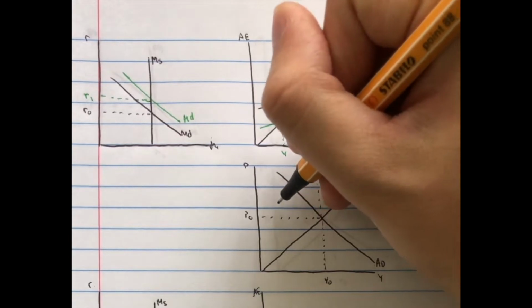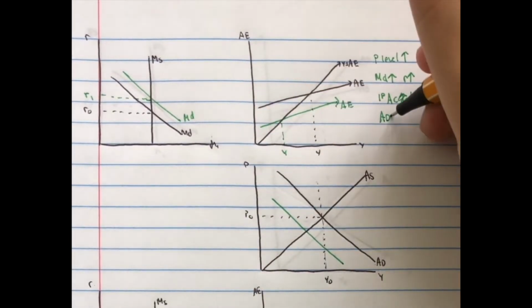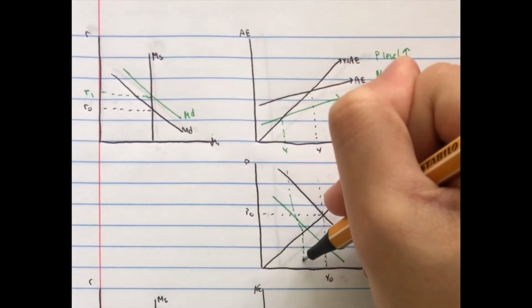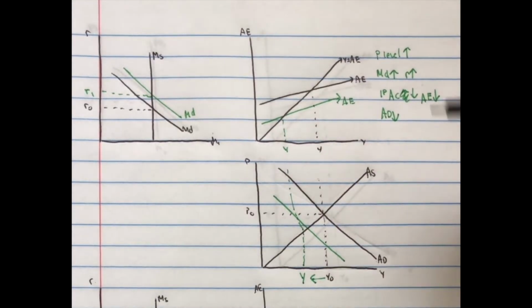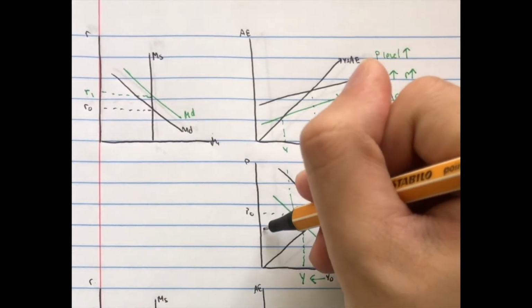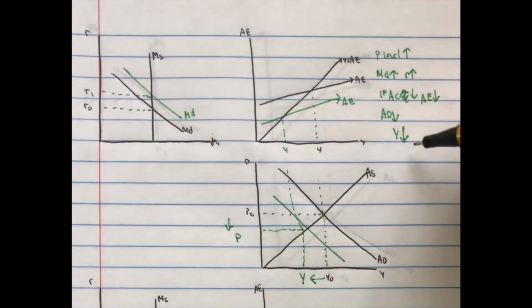So let me see if I can get this right. If I just decrease aggregate demand here, so our Y becomes here. You notice that the output has gone down, and you'll also notice that the price has also gone down.